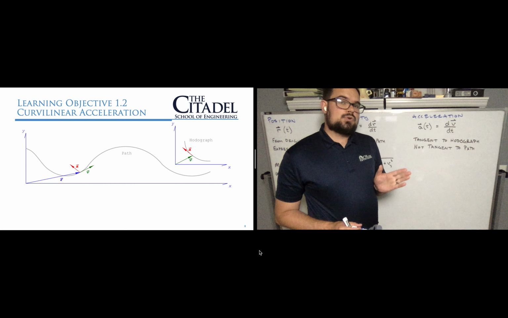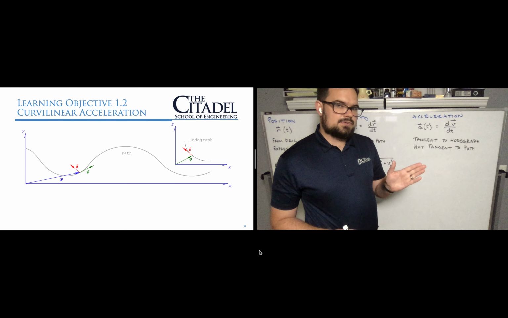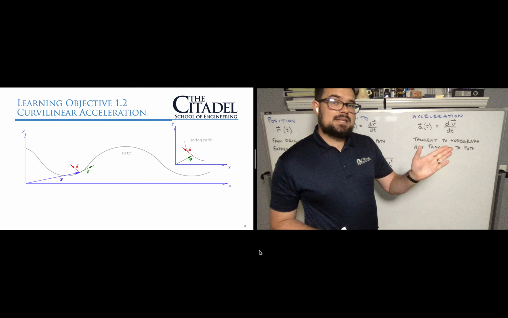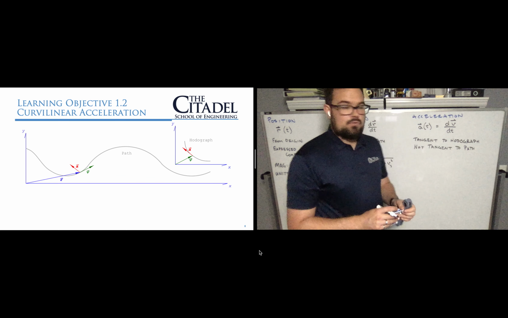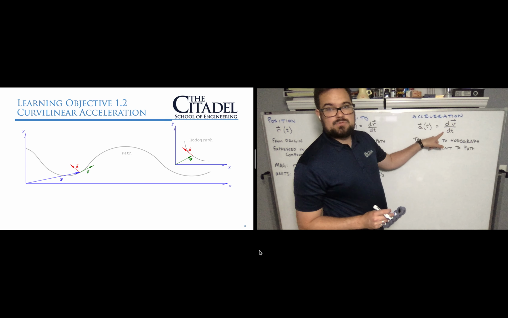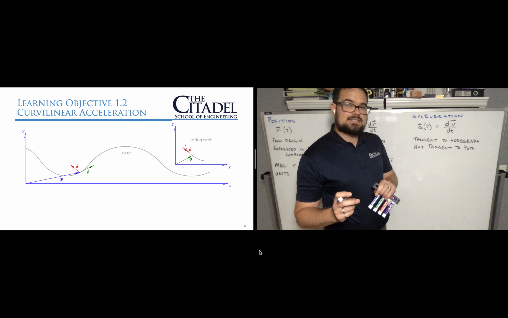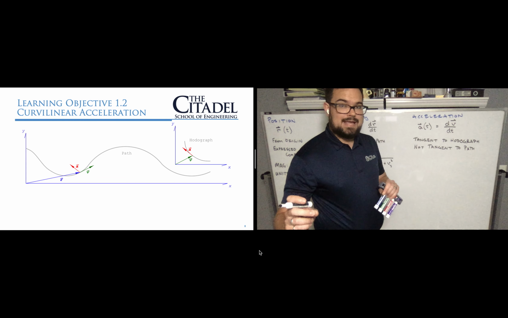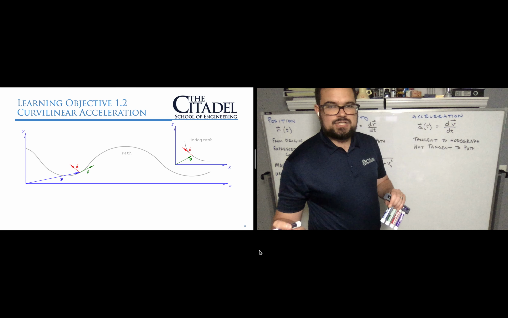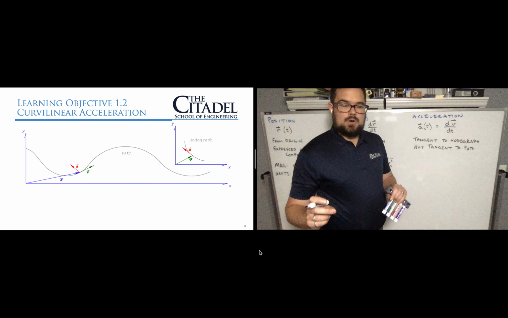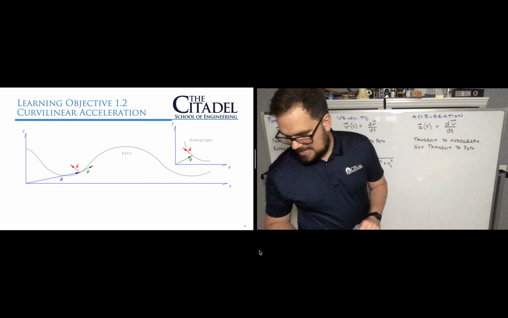And then there's going to be a portion of the acceleration that's perpendicular to the velocity. And that perpendicular component is changing the direction of the velocity. Remember, this is the change of velocity with respect to time. So we're going to have a change in the velocity, both possibly in its magnitude and in its direction. And so by changing the direction, we've got that normal component to the path that's engaging there.